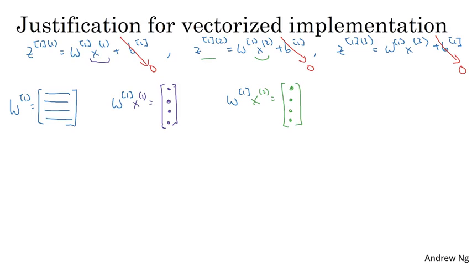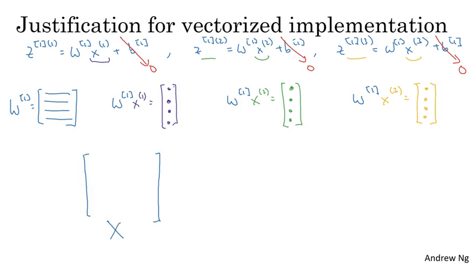And finally, if you look at x3, W1 times x3 gives you some third column vector. That's this z13.